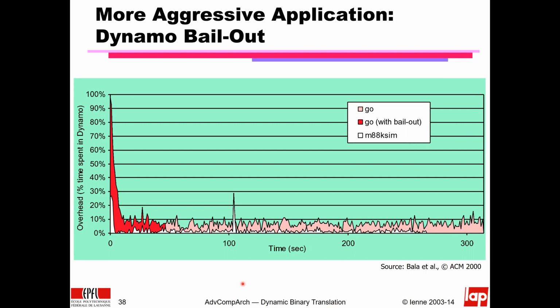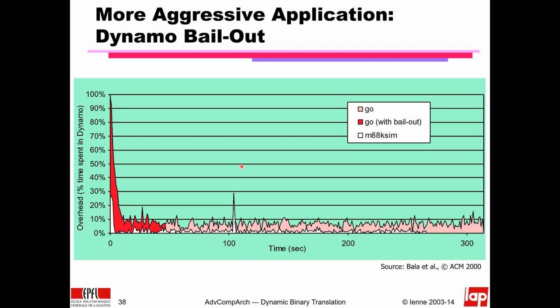So very much at the beginning, because you decide to recompile immediately. Then every now and then, probably around 100, you have a peak, because probably you go and touch for some reason a piece of code that you never touched. So you do another big translation, recompilation, optimization.